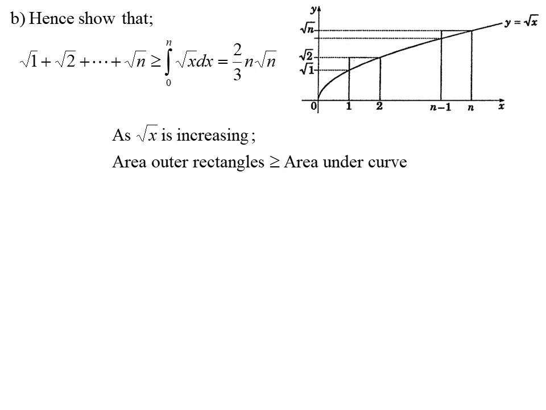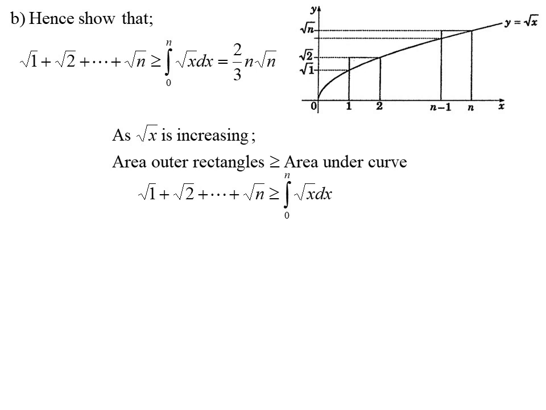We've always got an overestimate. So therefore, the area of each of those, well, they all have a width of 1, and the first rectangle has a height of root 1, the next one has a height of root 2, and so on going up to root n. So all of that is greater than or equal to that integral, the area under the curve.